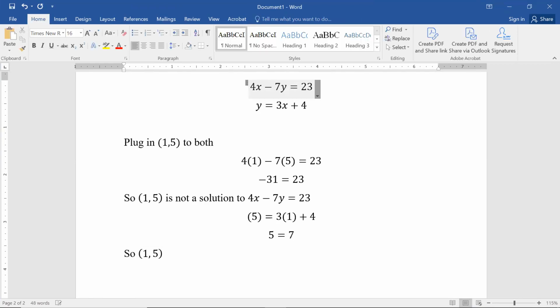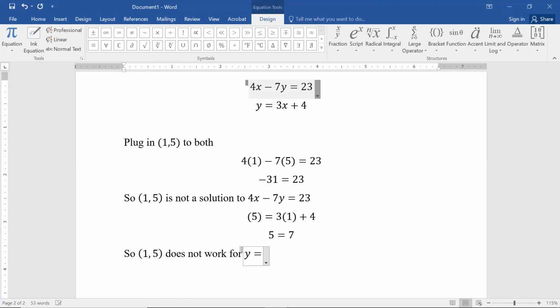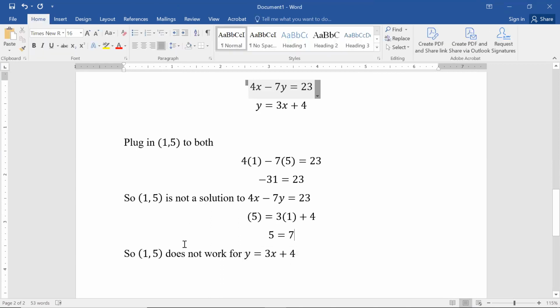So it doesn't work for this other equation, which is to say it's not a solution. Okay, so since I get false statements on both, that means 1, 5 is not a solution to this system.